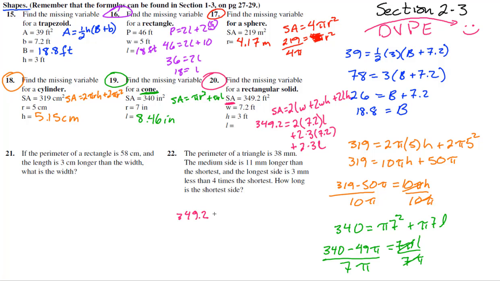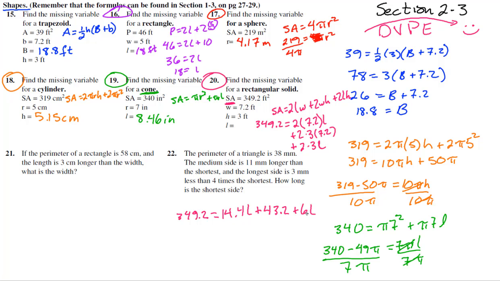349.2 equals 14.4L plus, what is that? 2 times 3 is 6 times 7.2 is 43.2, and then add 6L.